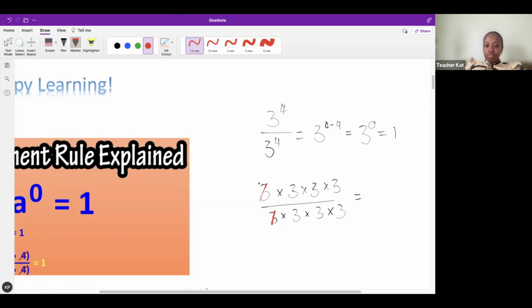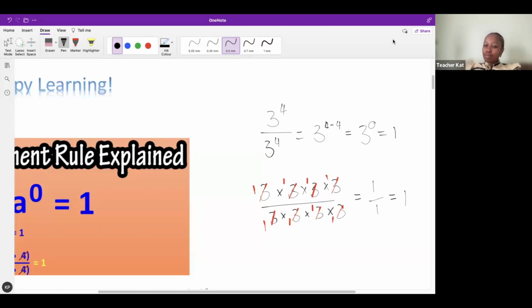So the first ones, once and once. Second one. Third one. And last one. Then we're left with 1 times 1 times 1 times 1, which is 1 over 1. And what is 1 divided by 1? 1. Do you see where this law comes from?